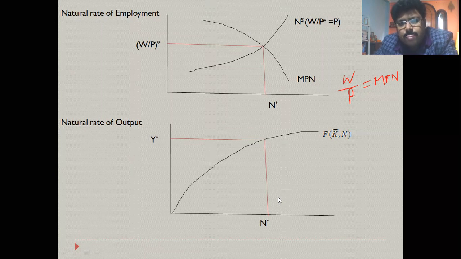But one thing I should mention here is that there is a difference between the classical economists and the monetarists.